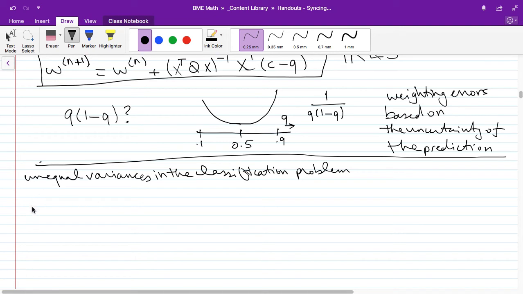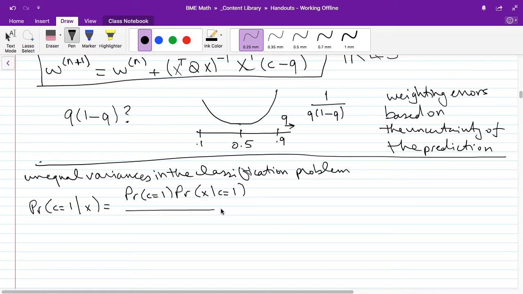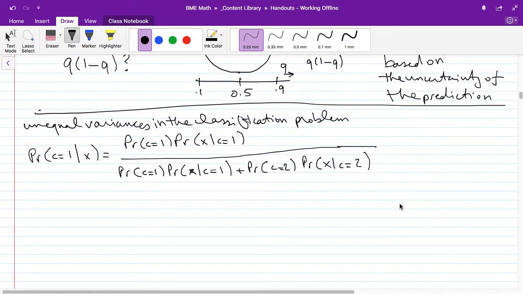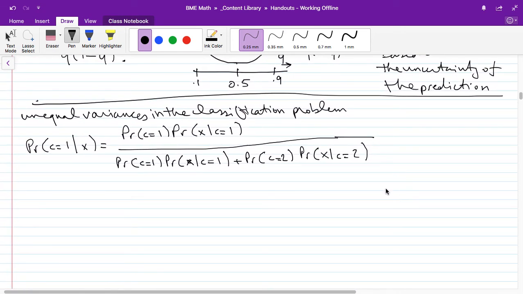All right, so we have our posterior of belonging to class 1 given x. That's our prior times our likelihood divided by the probability of x, which is just the probability of c equals 1 times the probability of x given c equals 1, plus the probability of c equals 2 times the probability of x given c equals 2. So now we have Gaussians with unequal variance.